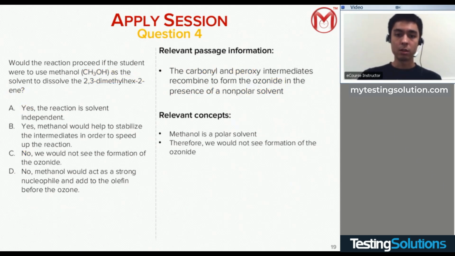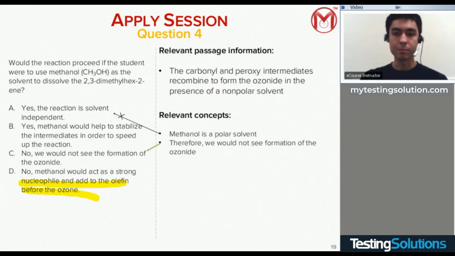But the next question is why? And the why is that, as we've just said, it has to be done in a nonpolar solvent, right? Now, that option is not given to us, but the only other explanation is that methanol would act as a strong nucleophile and add to the olefin before the ozone.